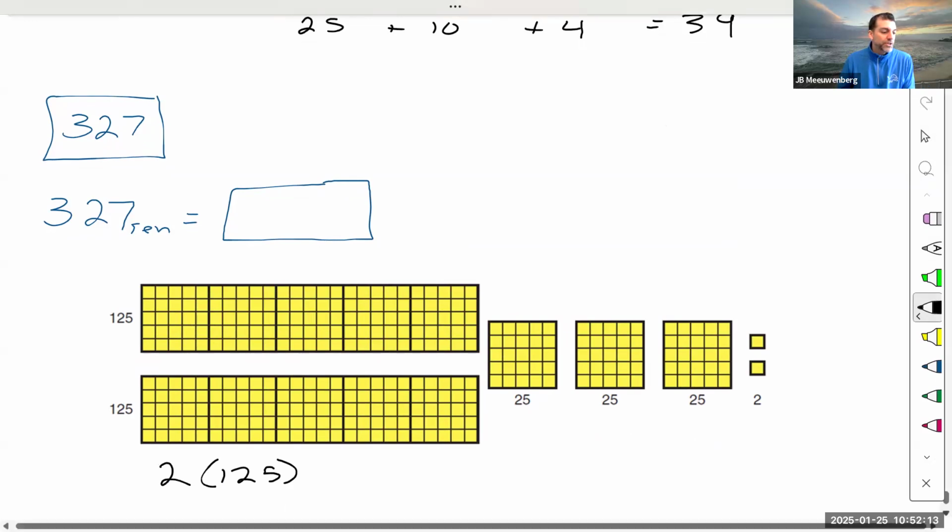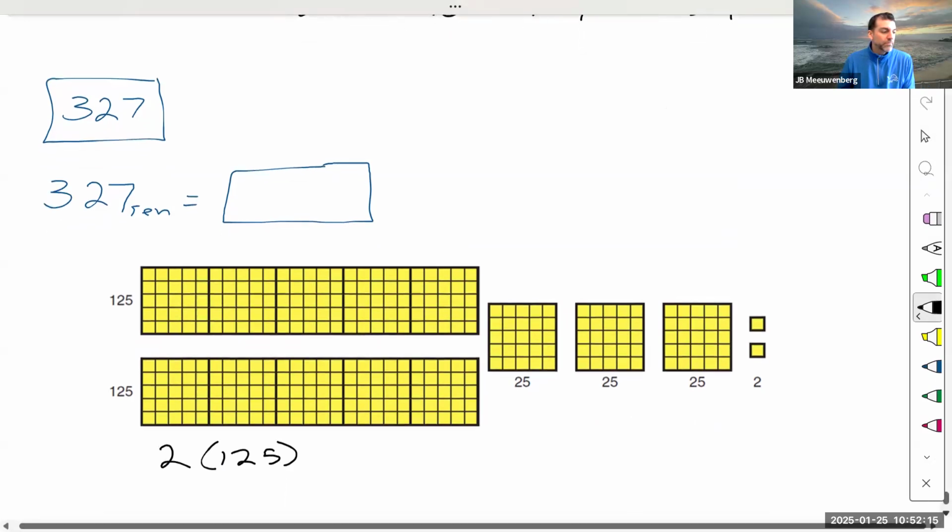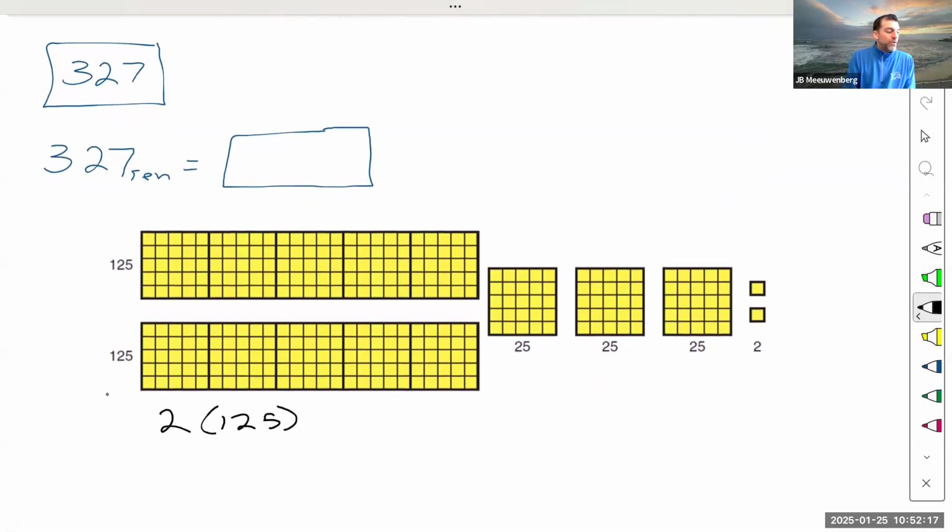And then we would add that to 3 25 pieces, these. And then we would add that to, notice how many longs we have. Are there any longs? There are not. So it's important for us to note that, right? There are no 5 pieces. It is so important for us to note that.